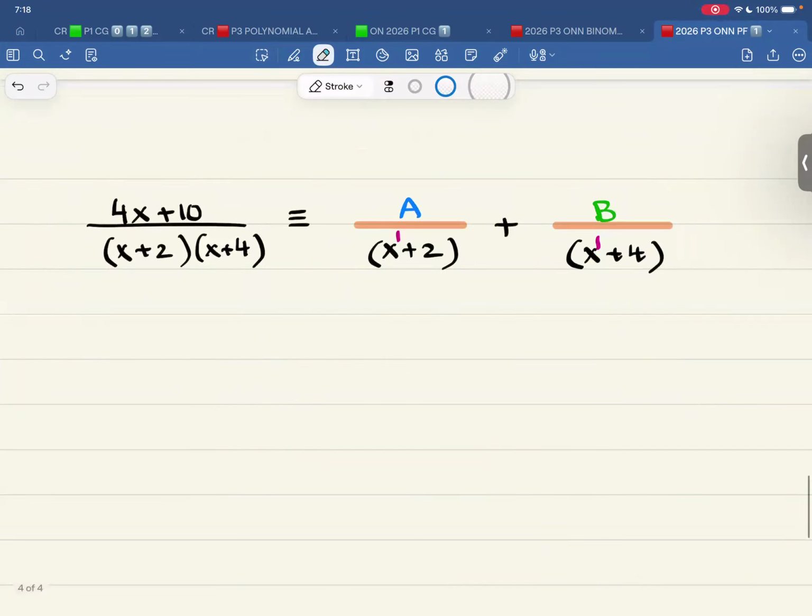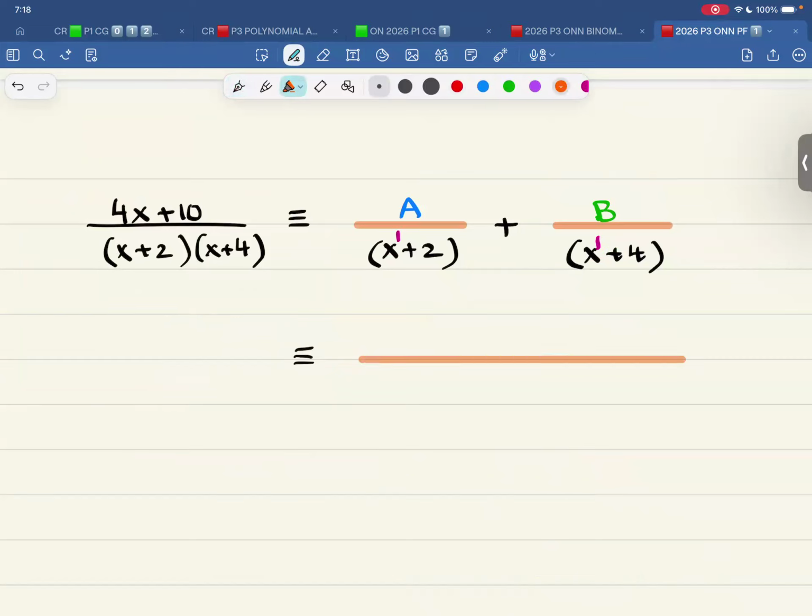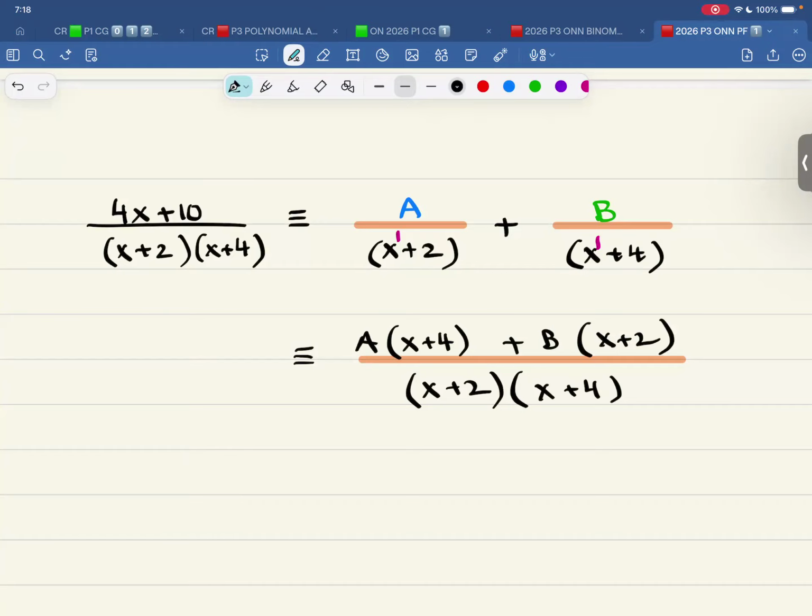And let's start the working. So now the working is, even before that, the LCM, that is x plus 2, x plus 4. This A gets multiplied with x plus 4. This B gets multiplied with x plus 2.